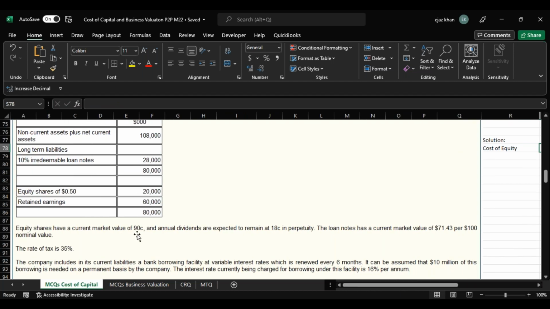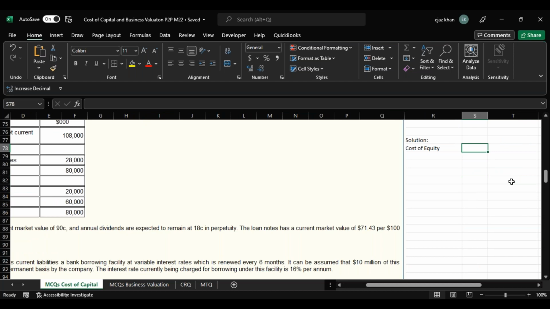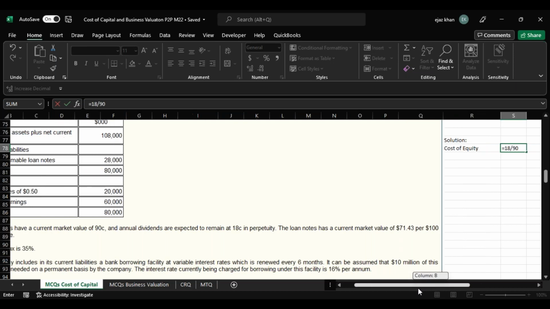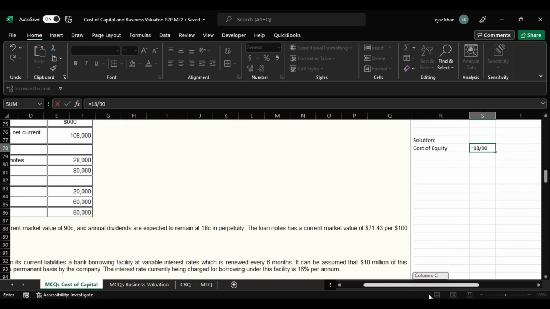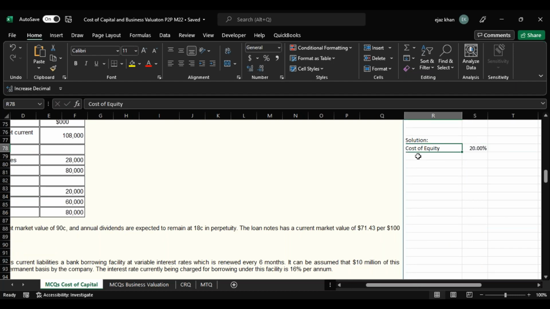The current market price is 90 cents, and the annual dividends are expected to remain at 18 cents in perpetuity, which means that they do not expect any growth in the dividends. So it will be a very simple thing to calculate the cost of equity. It will be the dividends, which is 18 cents, divided by 90 cents, because the share price is 90. So it's 20%. The cost of equity is 20%.